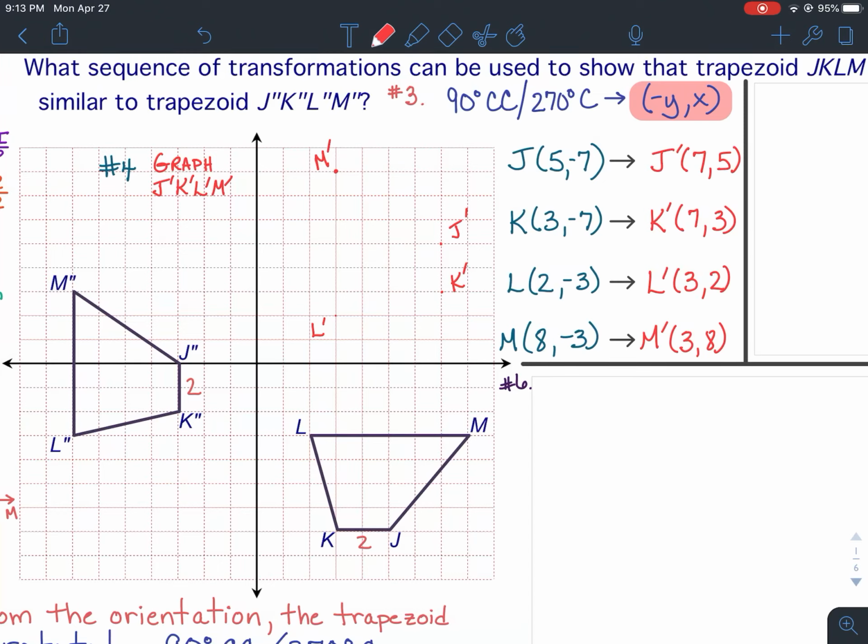Now I'm going to connect my dots. I'm just making sure that they are on here properly. Sorry, it's easier if I erase the dots here.